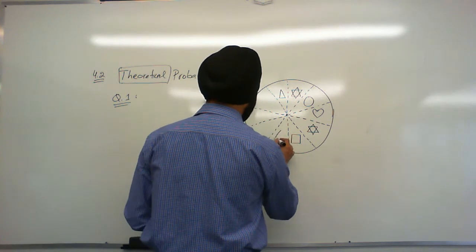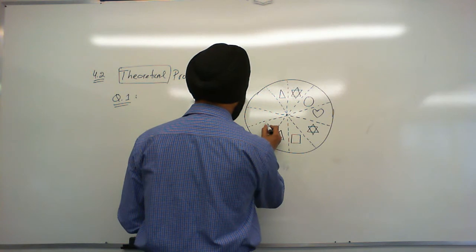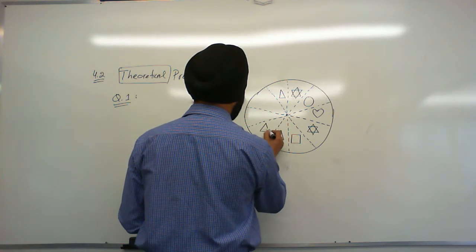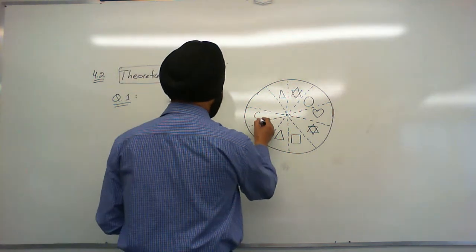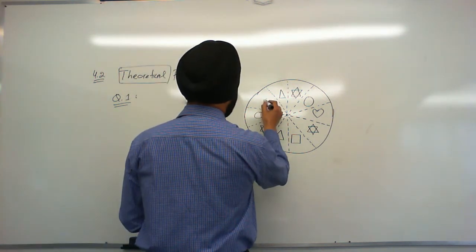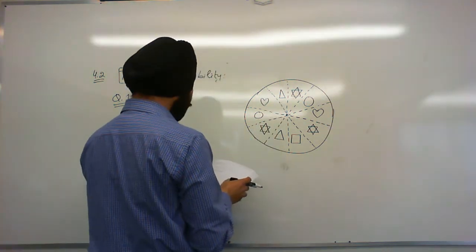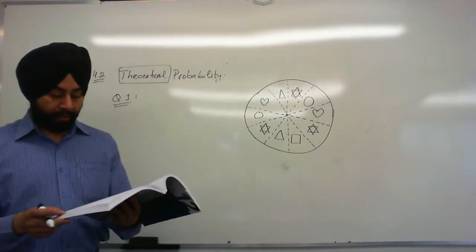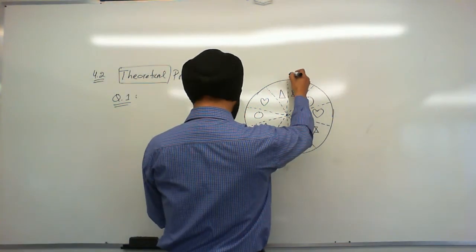Triangle. Star. Triangle and another triangle. Circle. Heart. And that's it. And there is a little pointer over there.